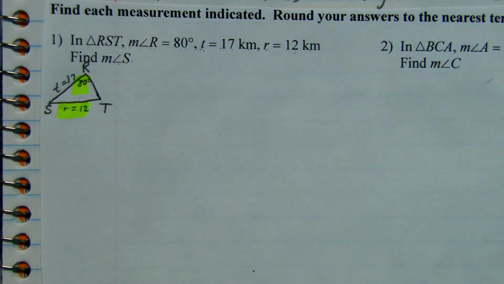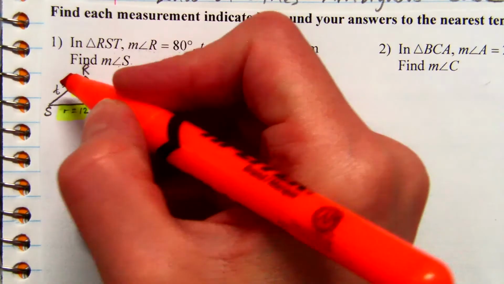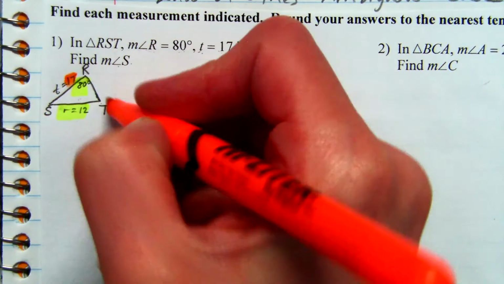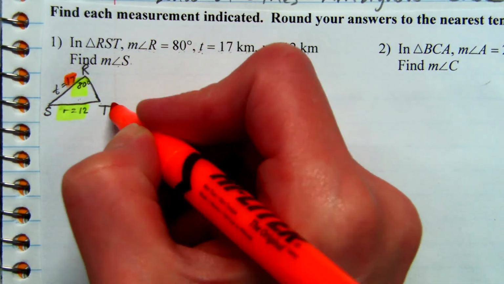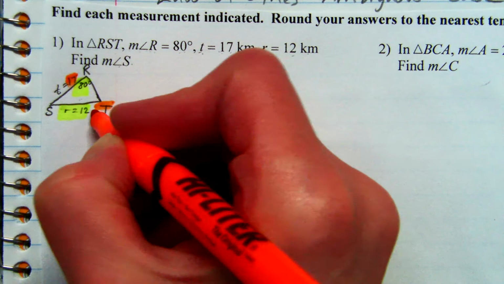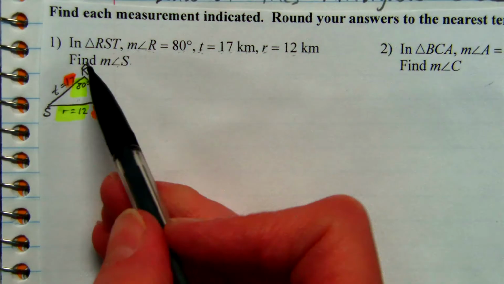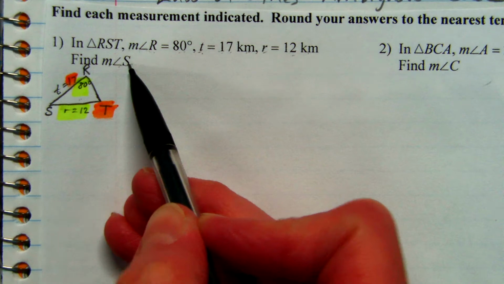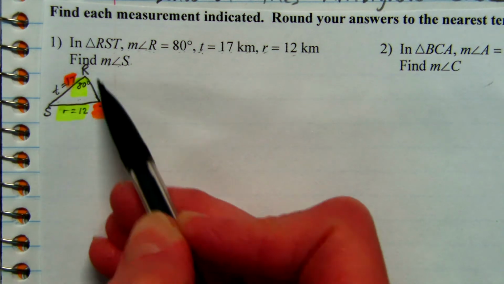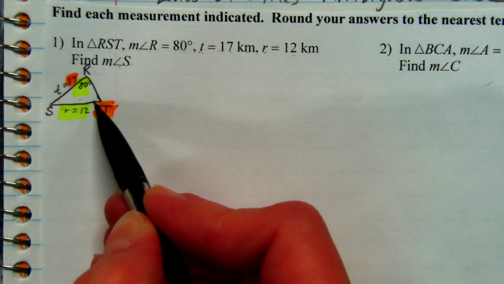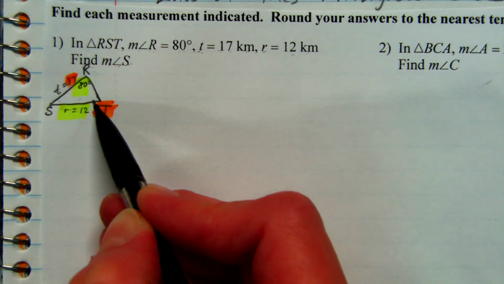And then we have little t, side t over here is 17, which means that I have to first solve for the angle T. Even though in the directions it says find the measure of angle S, I don't have a way to solve for S. I don't have the side across from S. So we're going to solve for the one that we can first, and then we'll use that to find the other information.